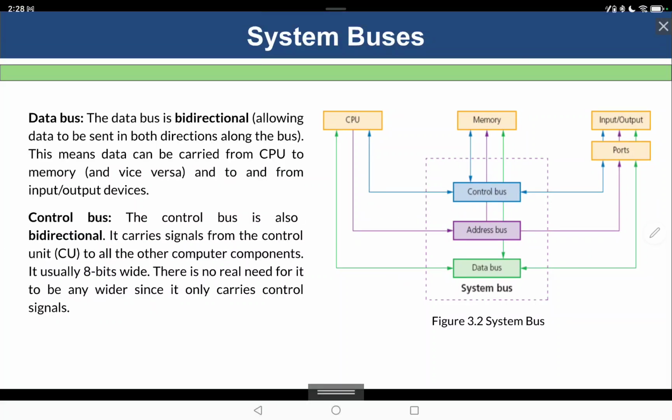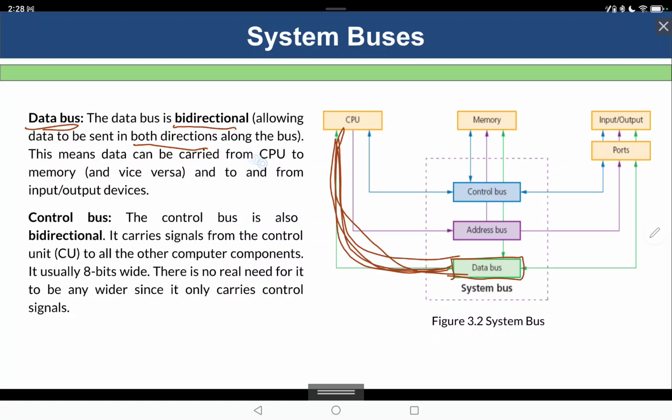Then we also have the data bus, and we say that the data bus is bidirectional. Bidirectional means that it allows data to be sent in both directions along the bus. If we look at the data bus here, we can see that data can be sent and can be received. So it can go both ways.